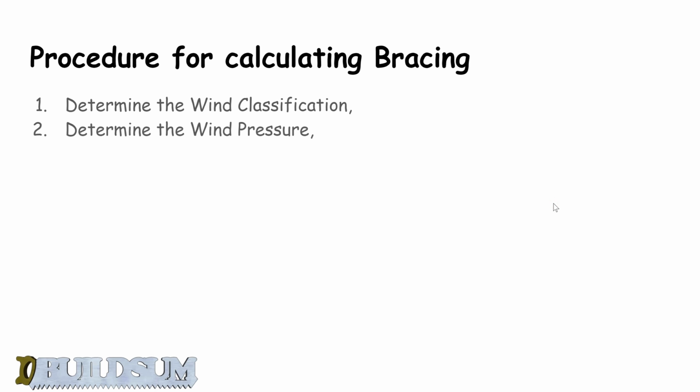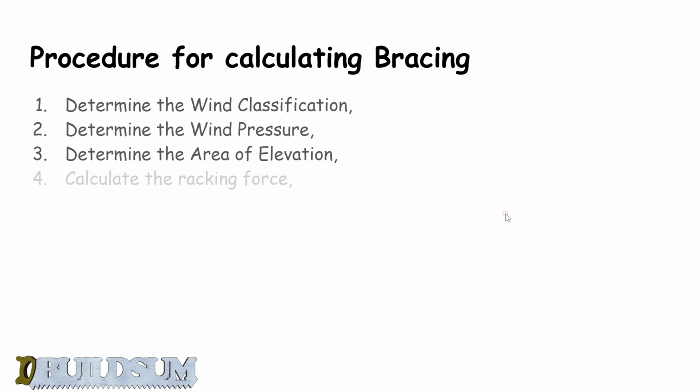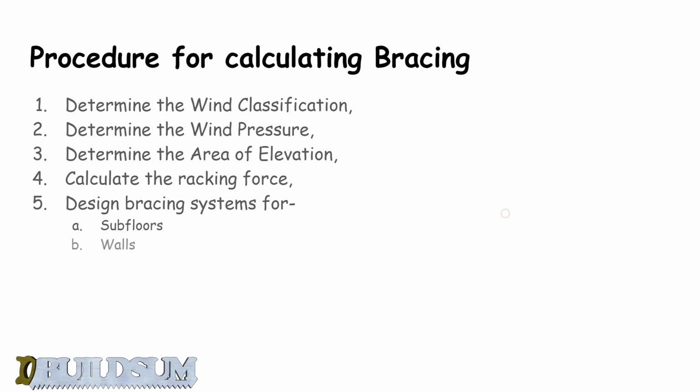So the things we're going to look at in this series of videos, firstly is the wind classification, which we'll look at in this video, and then in subsequent videos we'll look at determining the wind pressure, working out the area of elevation, calculating the racking force on the building, designing bracing systems for the subfloor and for the walls, checking that we've got even distribution and spacing of our bracing.